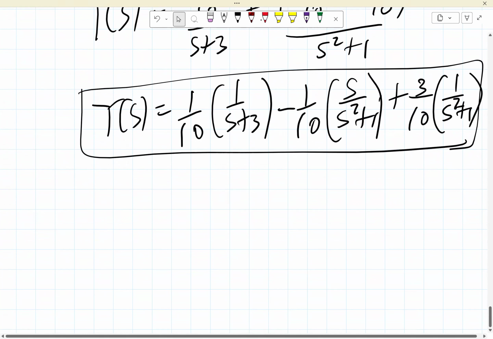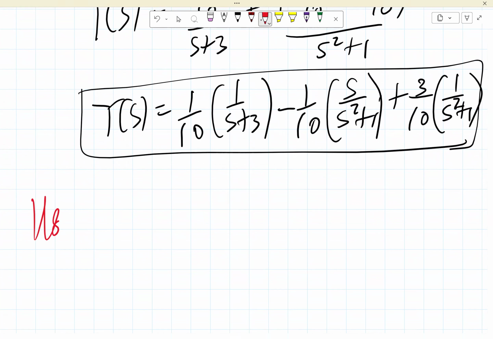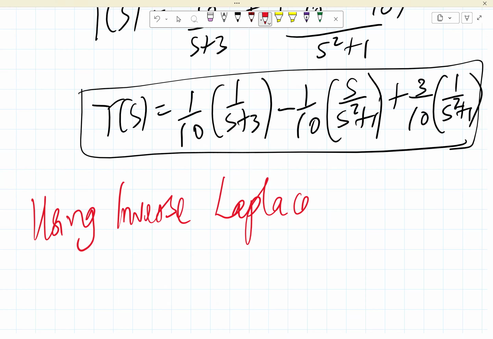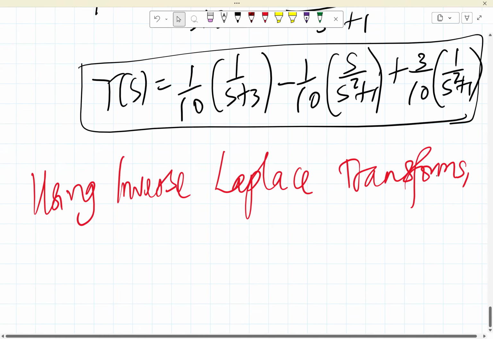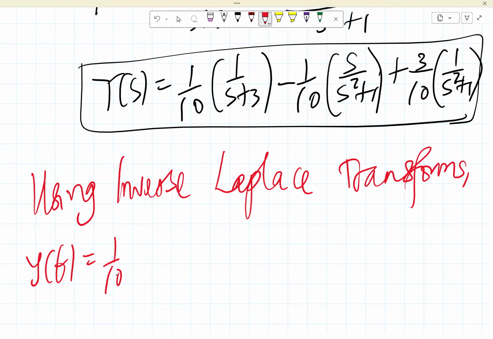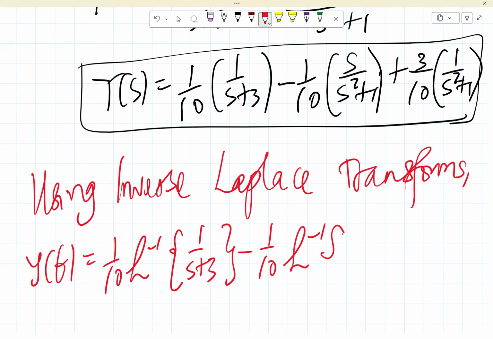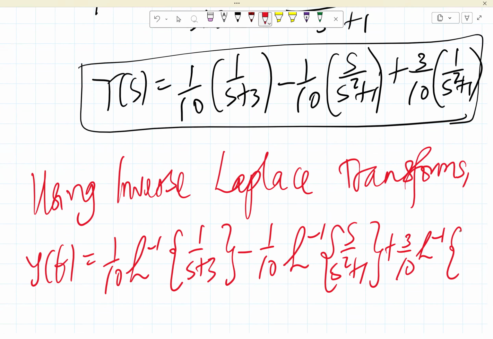So using inverse Laplace transforms, we can then have y of t equals 1 over 10 inverse Laplace of 1 over s plus 3, then minus 1 over 10 inverse Laplace of s over s squared plus 1, then plus 3 over 10 inverse Laplace of 1 over s squared plus 1.